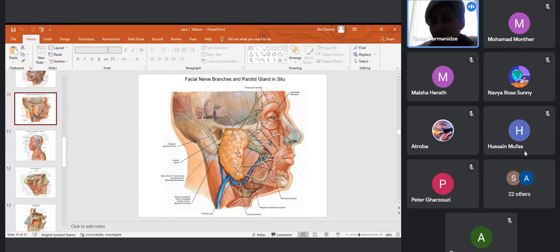And this process of the fascia extends to the lateral wall of the pharynx. This fascia is thick in other parts of the gland where it covers, but it gets thinner on the medial surface where it gives off the process, and this process extends to the lateral wall of the pharynx.